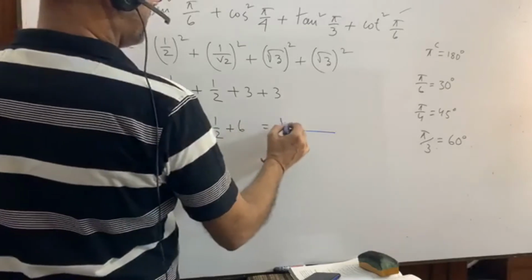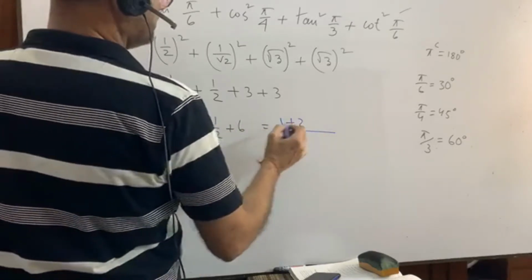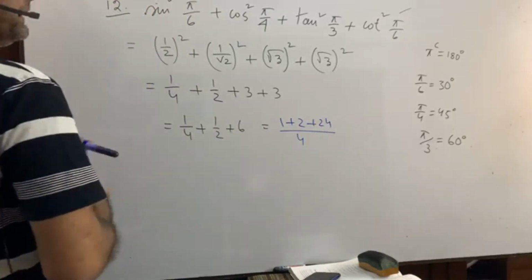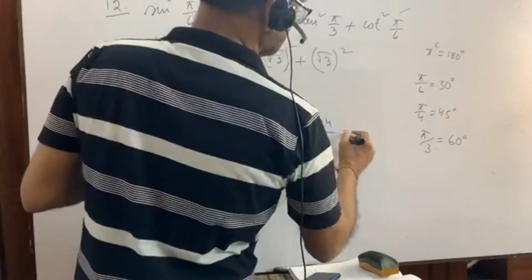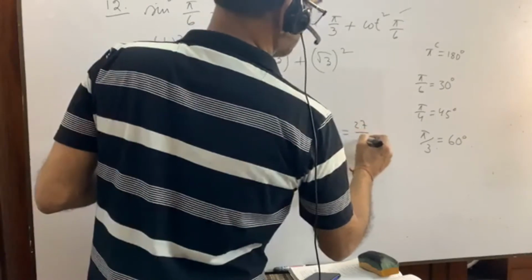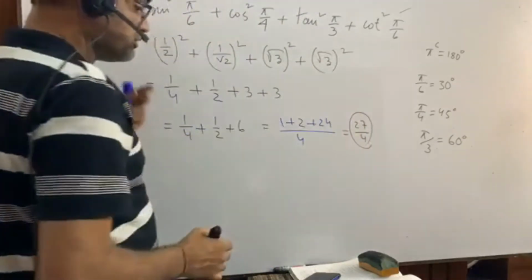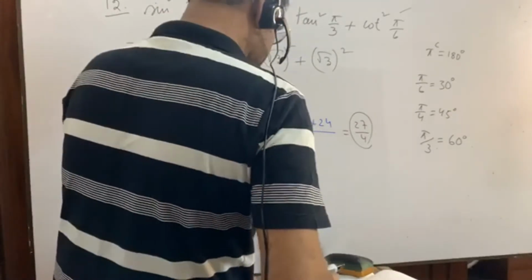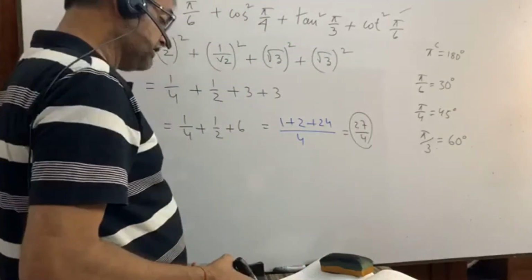That is 1 plus 2 plus 24, which gives 27 by 4. We have got our answer, right?